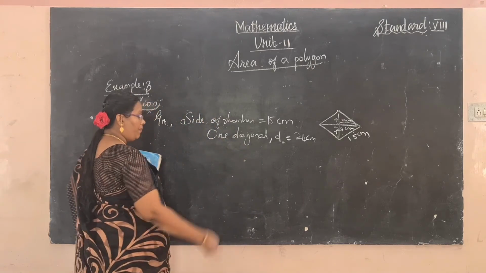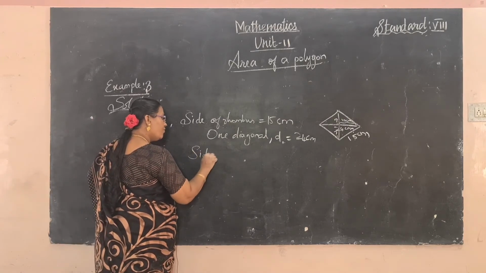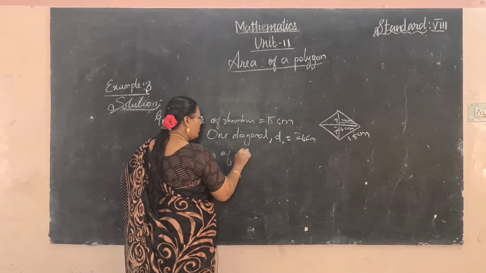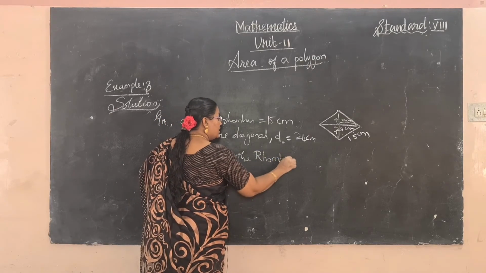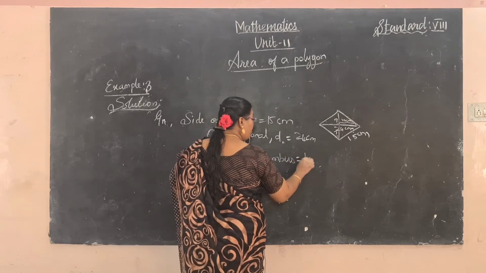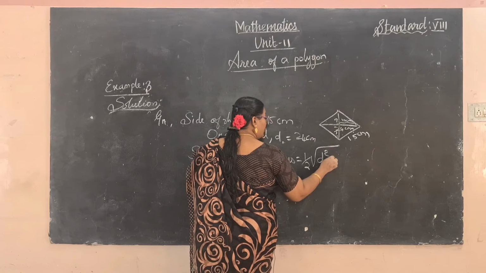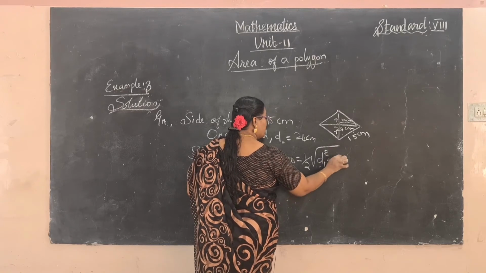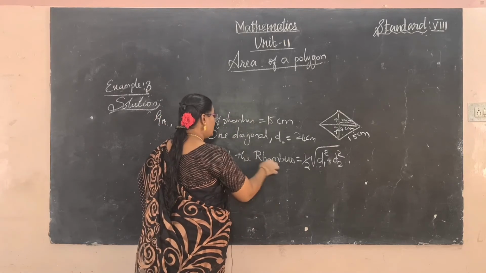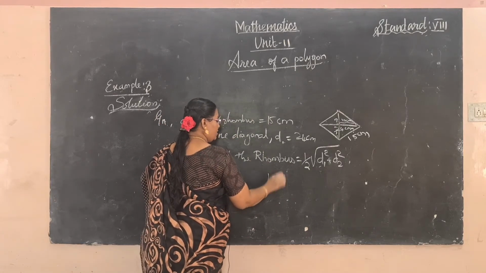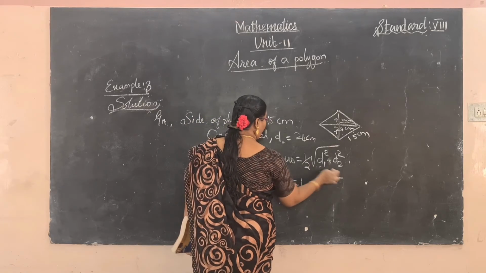Directly we have applied. Okay, so the side of the rhombus is equal to half into square root of d1 square plus d2 square. So side of the rhombus is 15, equal to half square root of d1 square.